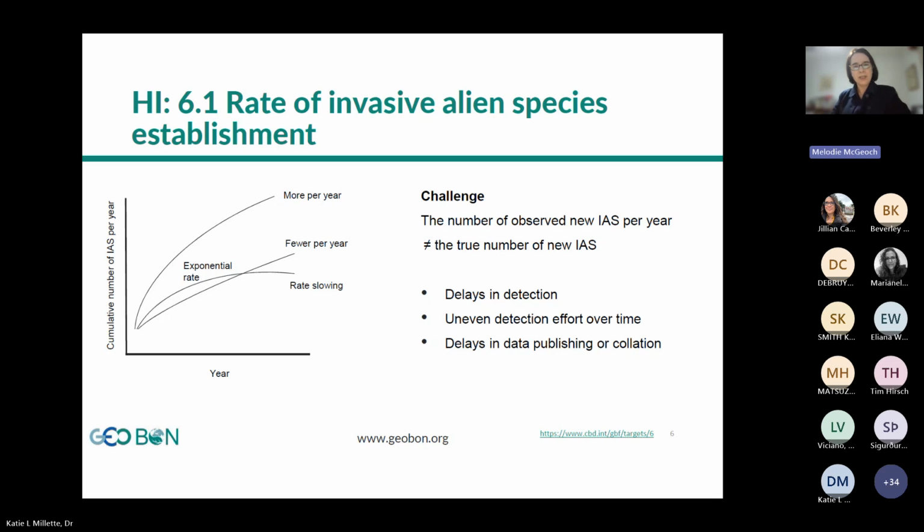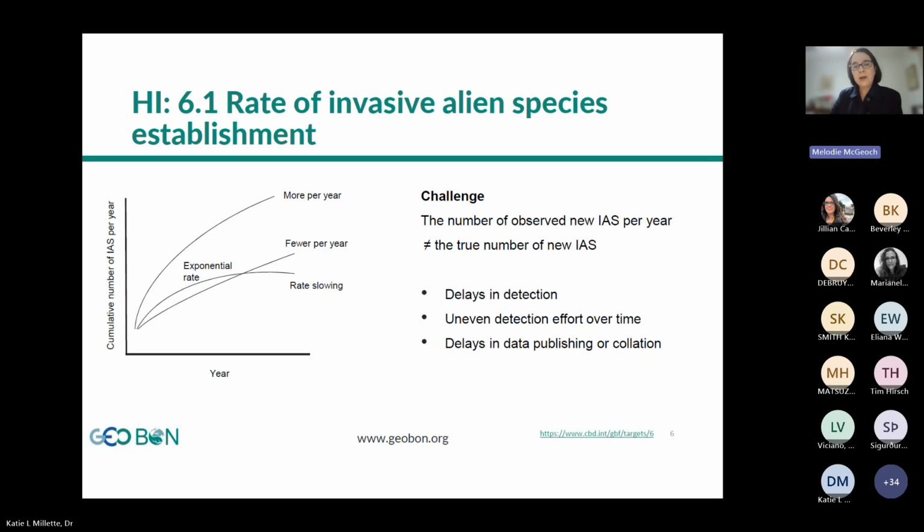I'm sure that most people attending will appreciate the fact that the data that we have on invasive alien species suffers from delays in detection. So we don't always detect an invasive alien species in the year that it arrives. We often detect it many years later.